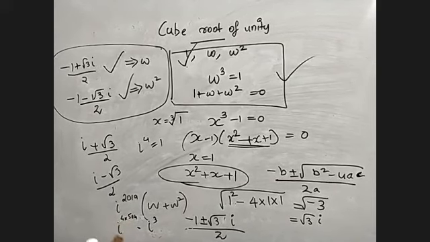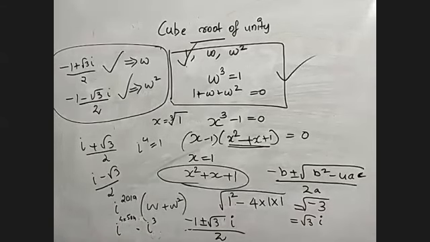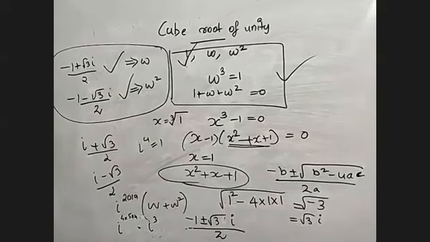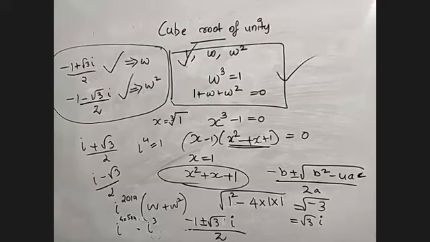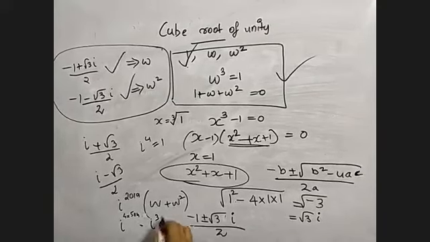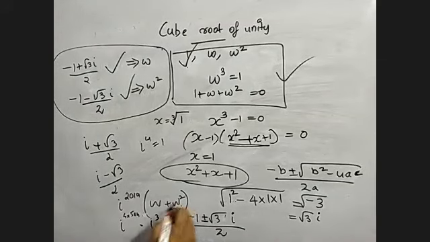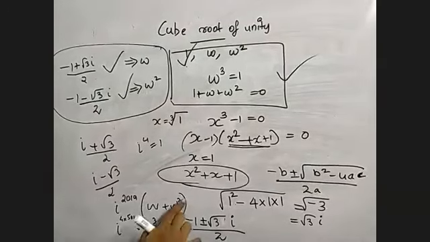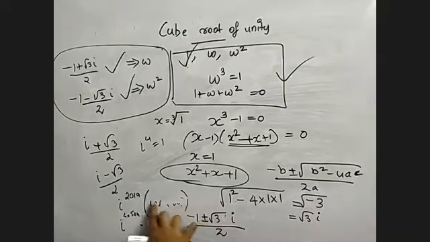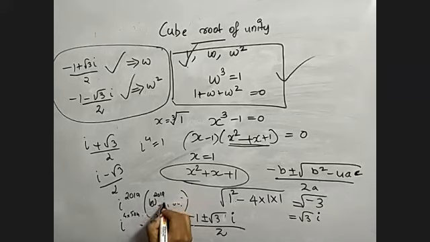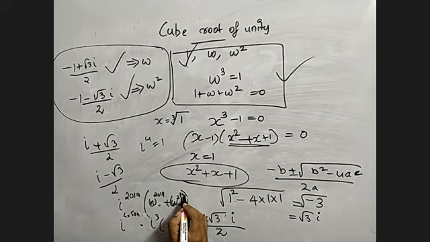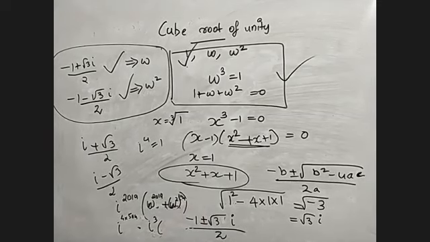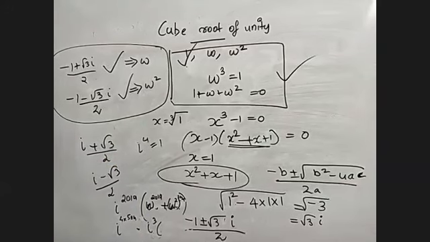This 2019 can be written like this now: i raised to 4 into 504 into i cube. Then omega and omega square, raised to 2019. We had this inside the bracket. I'll write it properly, no problem.